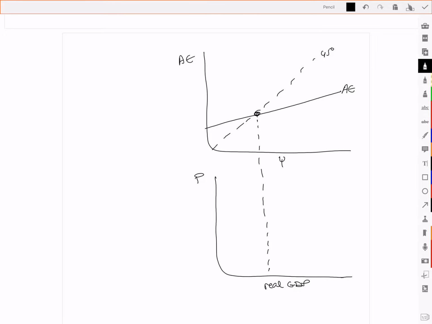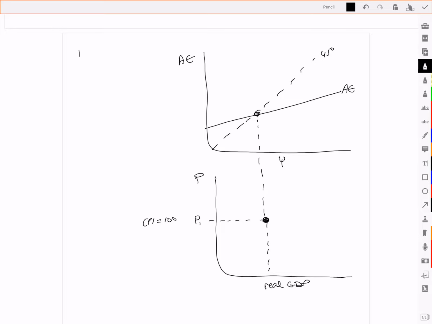So we can go down and we can measure. So here we are at our initial price level. And let's say that this is a CPI of 100. So at a CPI of 100, here's our real GDP, and it matches with that equilibrium where our national income and aggregate expenditures are equal.